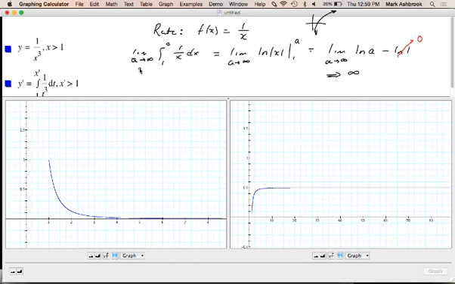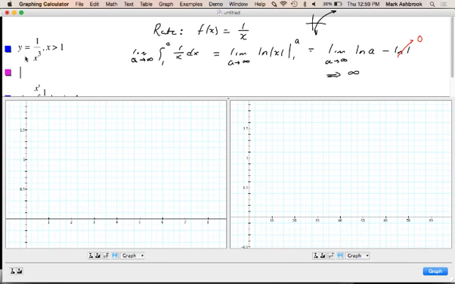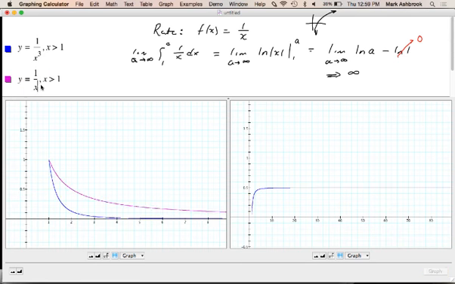Let's show it. Okay, so the 1 over x cubed rate is blue. The new one is red. And now let's do the integral also.